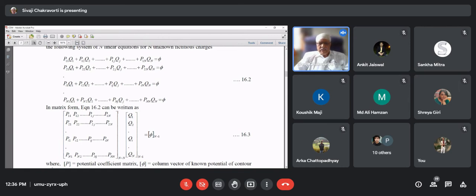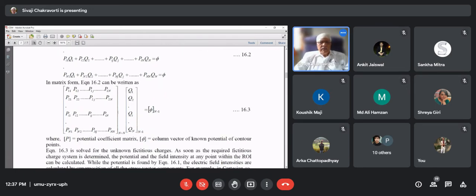Exactly the same as FEM or FDM. Finally, all the methods, FEM, FDM, CSM, and even boundary element method later on, they finally develop a linear system of equations, and it involves only scalar quantities. That's the beauty of the methodology.